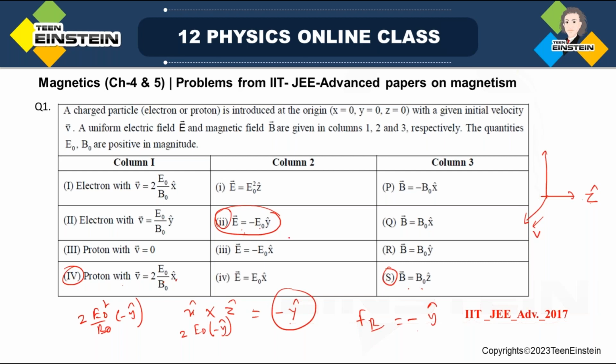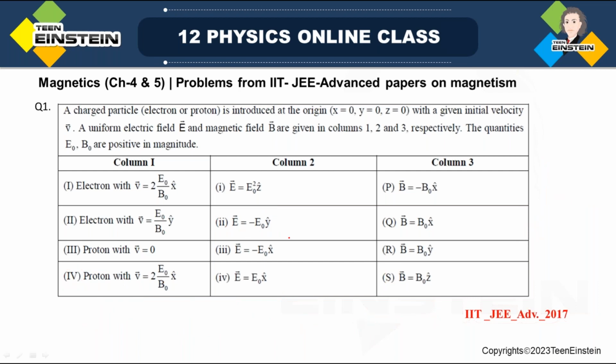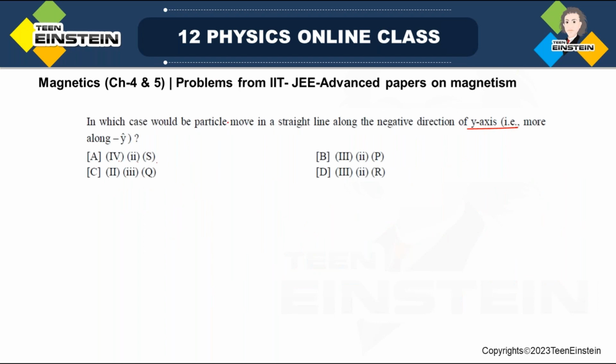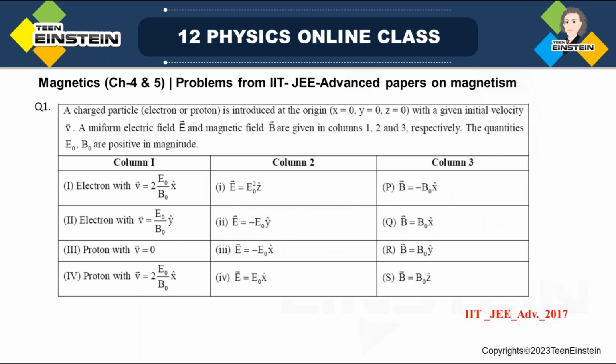Let me check with the other options as well. So this seems to be correct. Let us see with the other options. So 3, 2 and p. We need to check with 3, 2 and p.